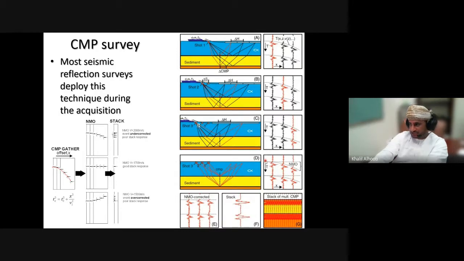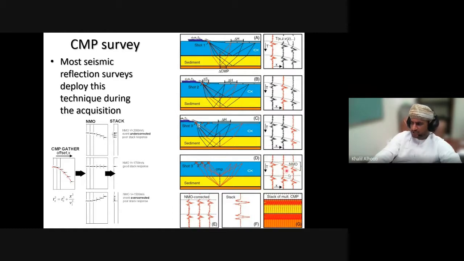This is basically the distance from the source. The x-axis is the distance from the source. How much distance from the source? So what I see at the far offset is that the NMO, normal moveout, or delta T, is larger.